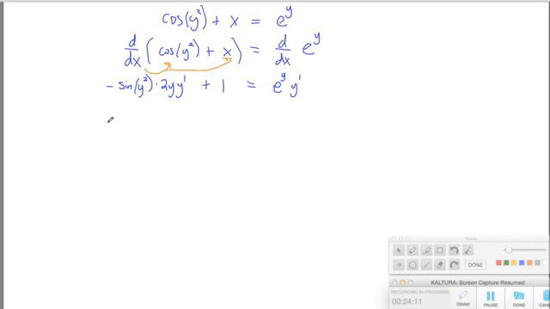So we can rewrite this as negative 2y, y prime, sine of y squared, minus e to the y, y prime, and then subtract 1 over to the other side. So basically you've gotten everything with y prime over to one side. Now factor out y prime.